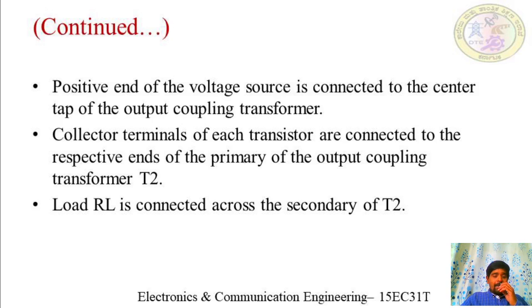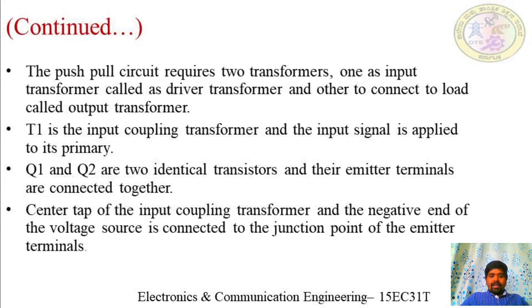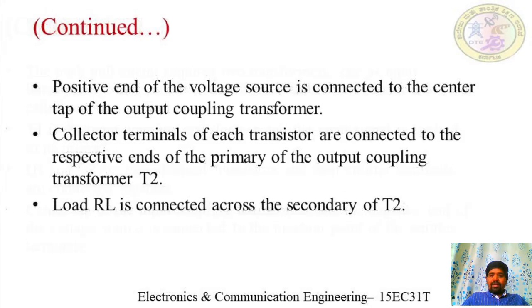See here, the negative terminal is connected to the junction point of the emitters, whereas the positive end of the power supply is connected to the center tap of the output coupling transformer. The collector terminals of the transistors are connected to the respective ends of the primary, and finally the load RL is connected to the secondary of transformer T2.